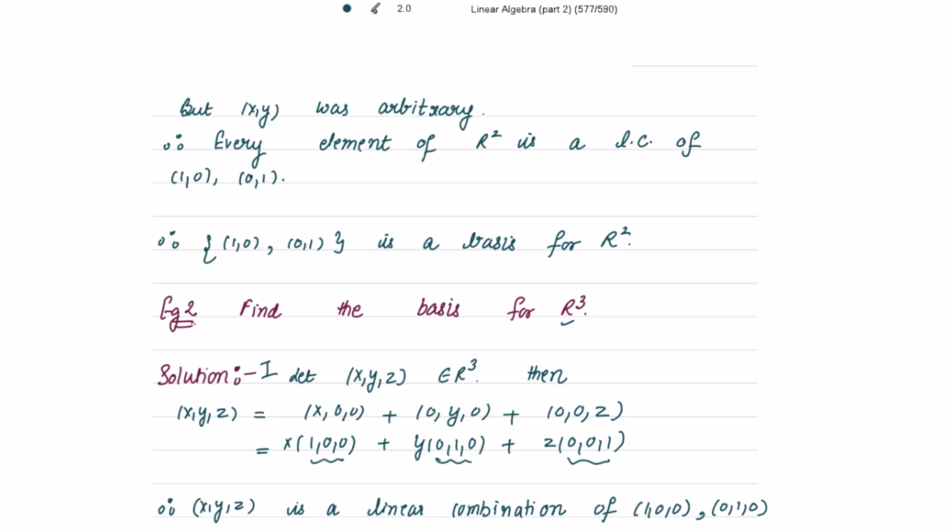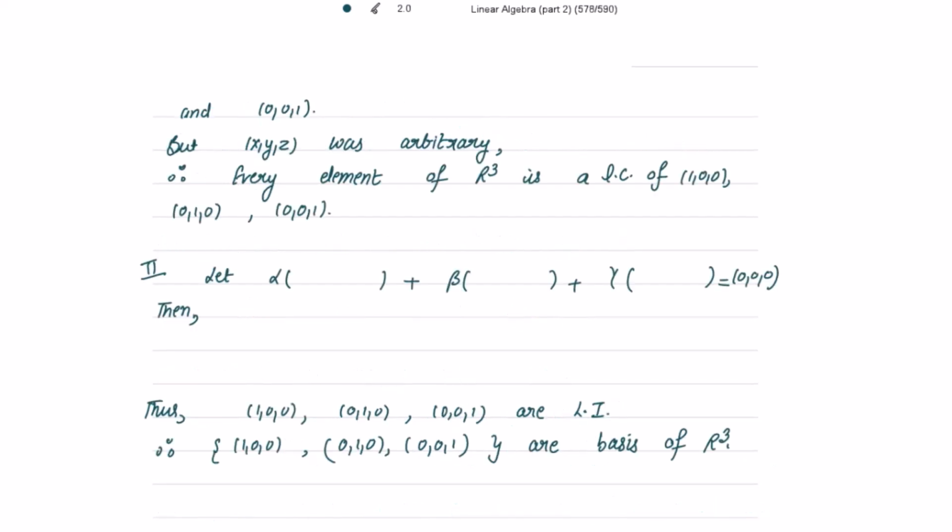Yes. So now (x, y, z) is a linear combination of these vectors, but (x, y, z) was arbitrary, which means we have proved that every element of R3 is a linear combination of (1, 0, 0), (0, 1, 0), (0, 0, 1), right? So the second condition is proved.